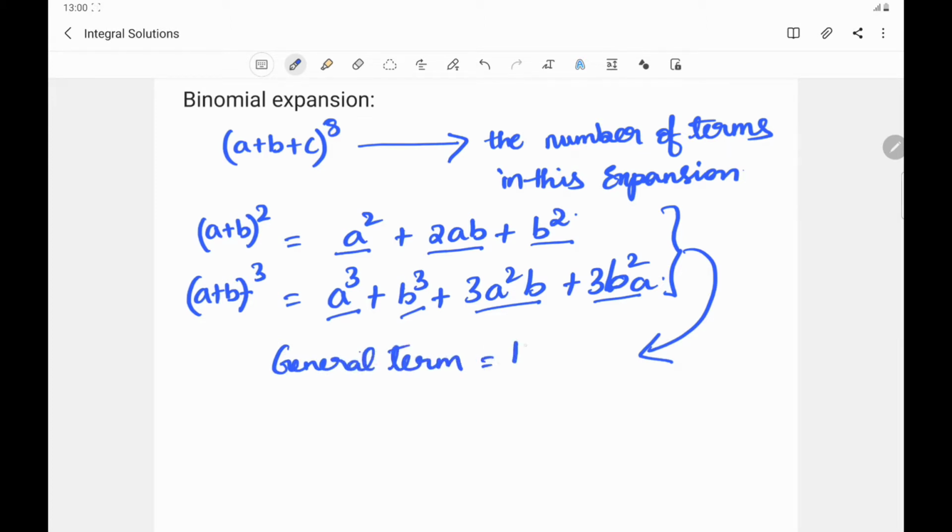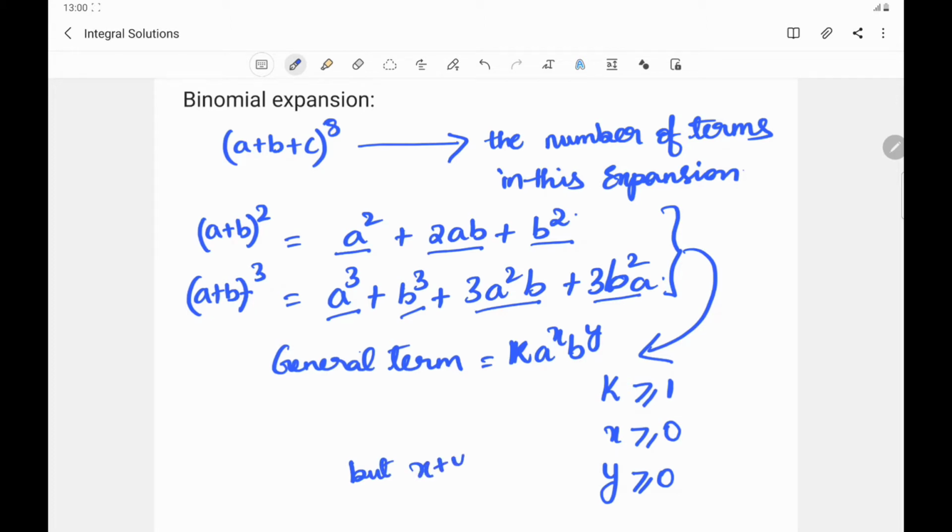The general term is some k, a to the power x, b to the power y, where k is greater than or equal to 1, and x is greater than or equal to 0, y is greater than or equal to 0, but x plus y will be the degree, either 2 or 3 or whatever degree is given in the question. If we take (a + b) whole square, it will be equal to 2. If we take (a + b) whole cube, it will be equal to 3.